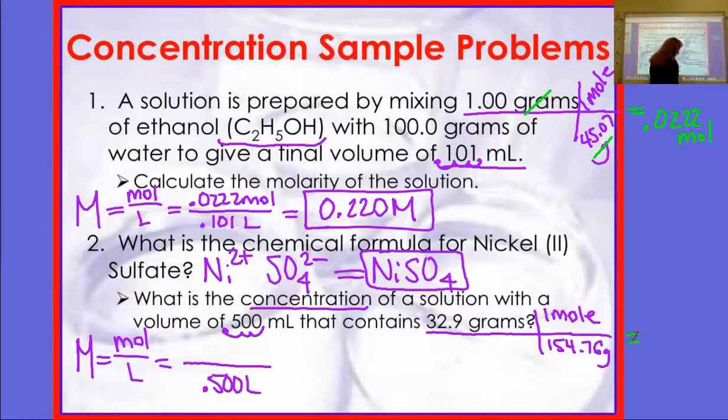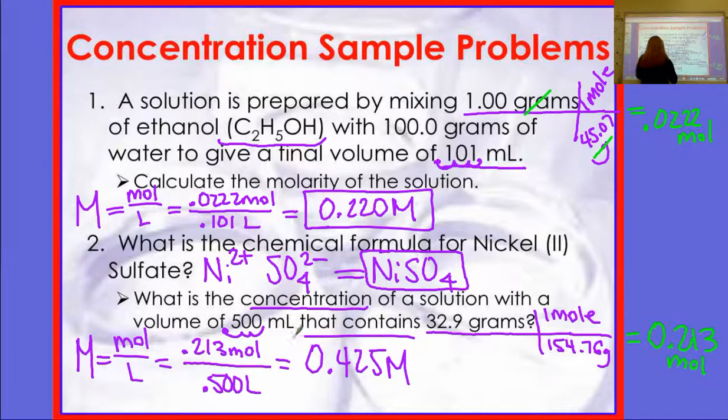Divide, grams cancel, converting into moles should be 0.213 moles of nickel sulfate. Putting 0.213 moles into my equation, 0.213 divided by 0.5, 0.425 molar as my final calculation.